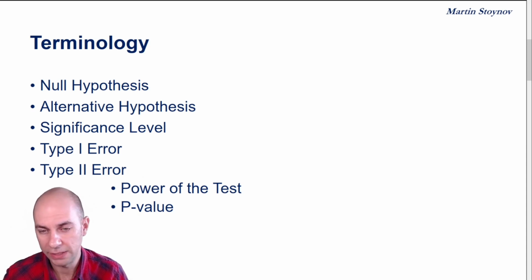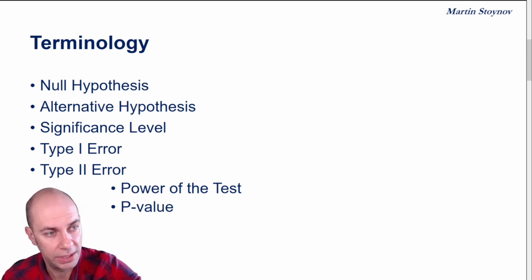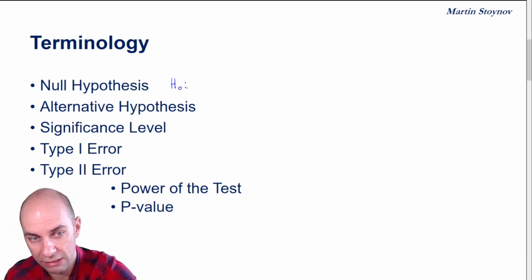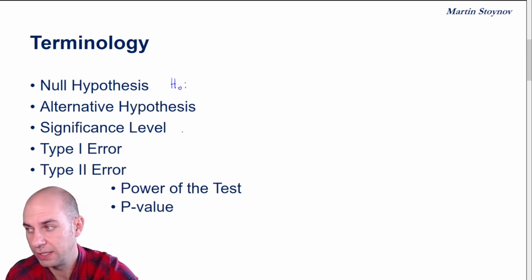Okay, so in hypothesis testing, we obviously have to set up a hypothesis that we want to test and potentially reject. So the status quo hypothesis is known as the null hypothesis. We're going to be denoting it as H0. And the null hypothesis is typically the hypothesis that will contain the equal sign.